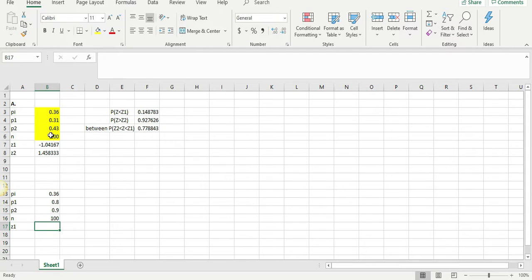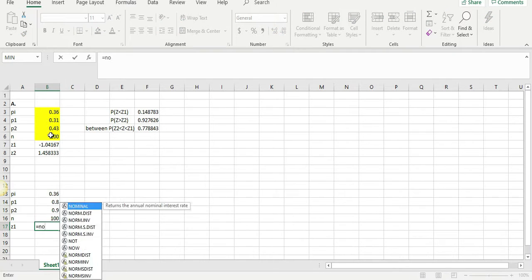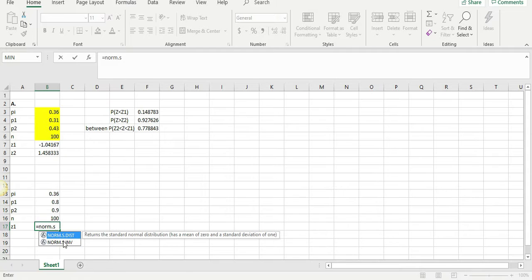Z1, this is where it gets fun again, is equal to norm.s.inverse.